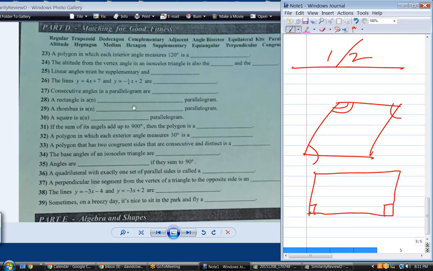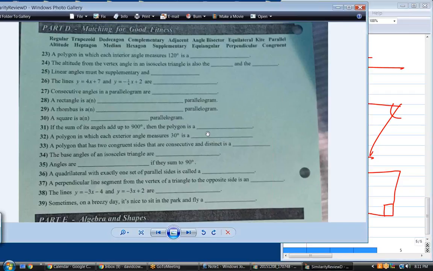And a rhombus is what kind of a parallelogram? Equilateral. Yeah. A square is what kind of a parallelogram? Regular? Is that the best answer we can find on there?